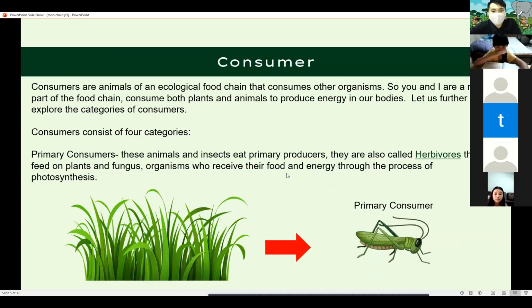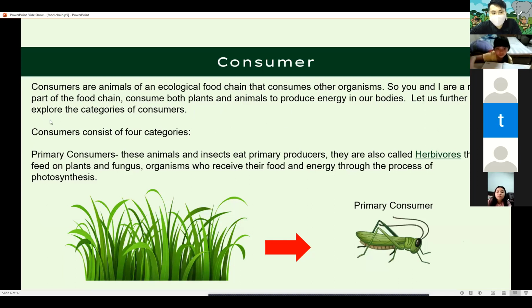Okay, so next one, consumer. So I showed you that there are 4 consumers. Consumers are animals of an ecological food chain that consume other organisms. So you and I, so people, our major part of the food chain, consume both plants and animals to produce energy in our bodies.